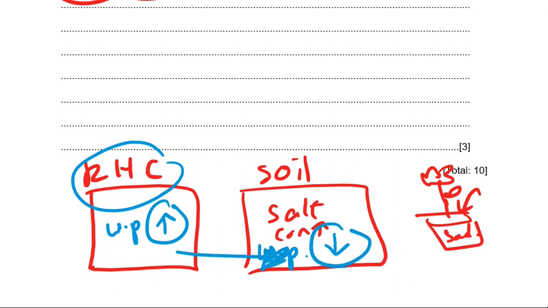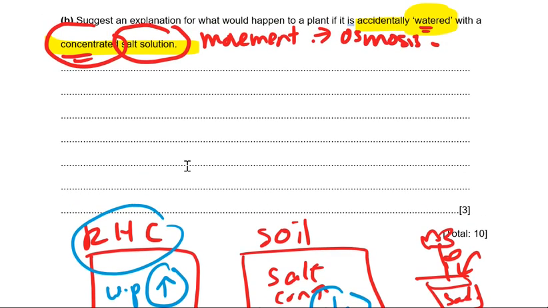That means that water will be lost from the plant itself. So when you have lots of water being lost from the plant, then obviously you're going to have wilting to occur.